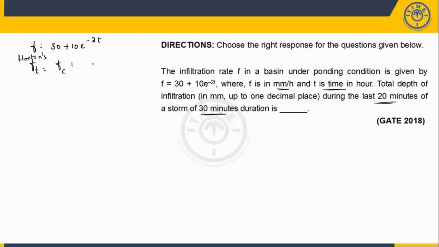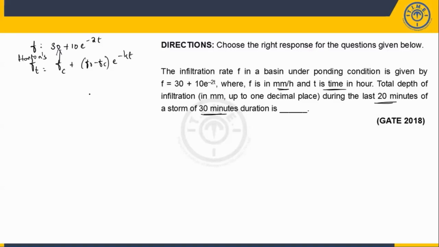Ft equal to Fc plus F naught minus Fc e power minus Kt. Understanding? So, how much is Fc? When you compare this with the equation, Fc is 30. Very good. How much is F naught then?